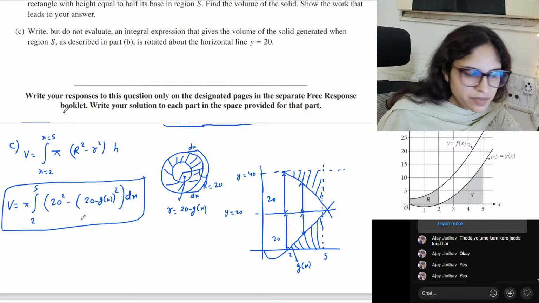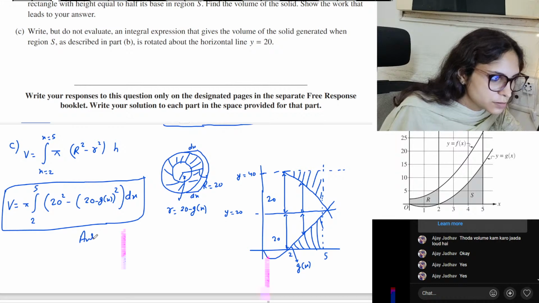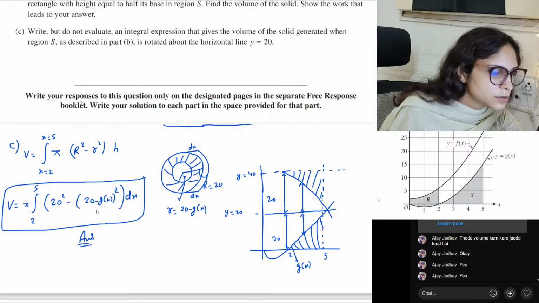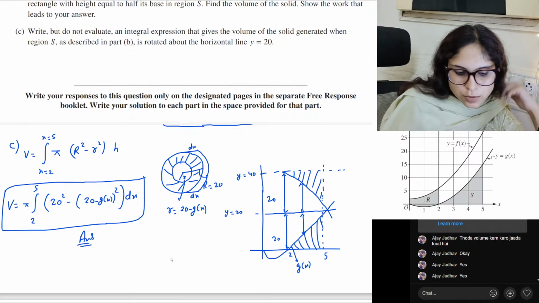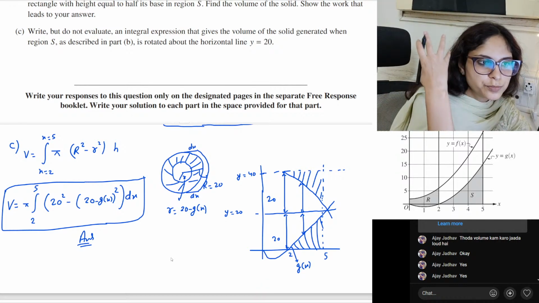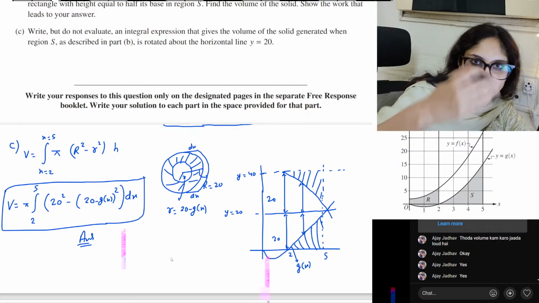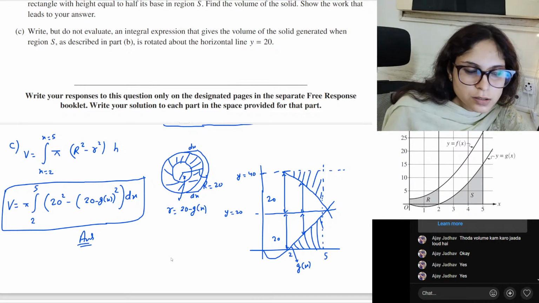This is your answer. So there are two methods in integrals, washer method and there's one more, disk method. So if you know the theory from there, you can also learn it. But whenever you're revolving, it will become cylinders.